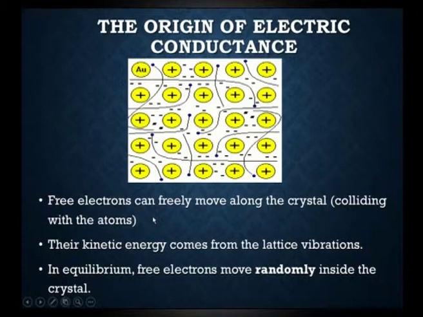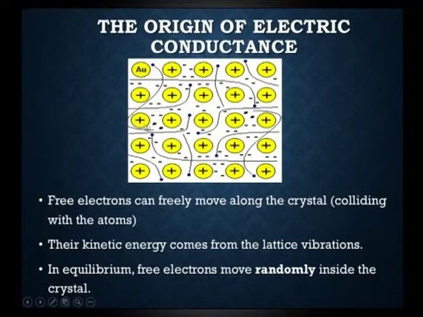Free electrons can freely move along the crystal. That is the first property of a metal: the free electrons already present in the conduction band will move across the crystal like this, the motion will be like this. That is what we have indicated here. This is a free electron that can move randomly inside the crystal, and the kinetic energy comes from the lattice vibrations.